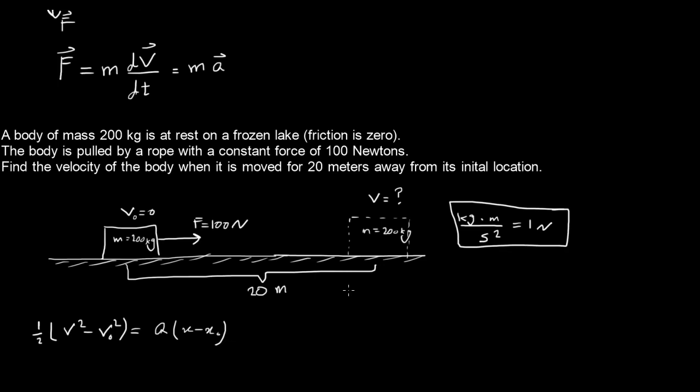So x minus x naught, if I assume that this is my reference frame, y, x, it is attached to the ground, not to the body. So it stays here. Note that the net force on the ground is almost 0.